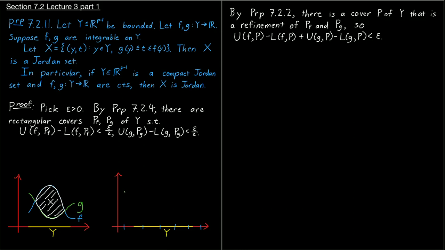And then here is our function G again, and here is our function F. We build a rectangular cover of Y like this. We take horizontal strips in two dimensions.